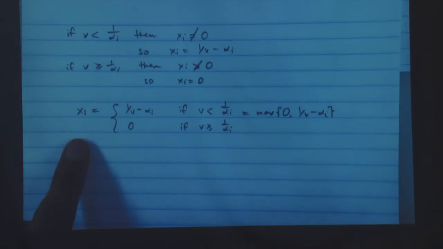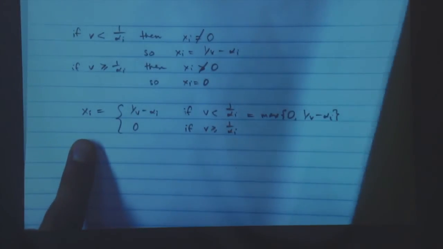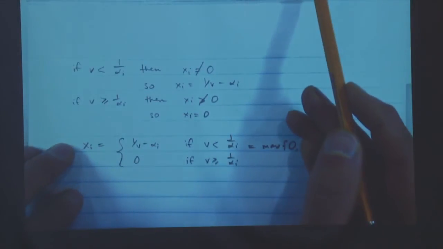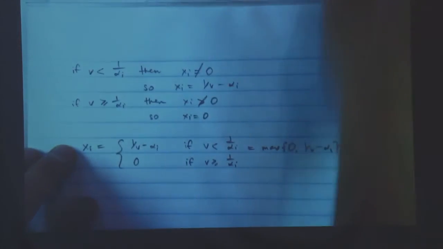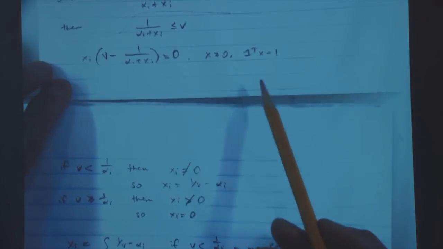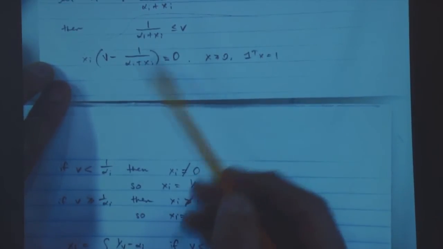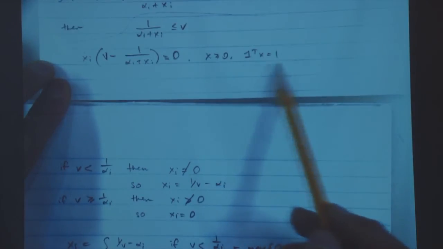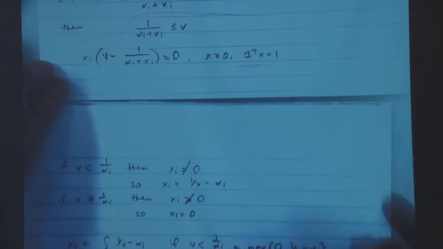Okay, so now the KKT condition is reduced entirely to just this single feasibility check: 1 transpose x has to be equal to 1. Because by our choice of x and v, these two are always satisfied. This one's always satisfied. All that's left to check the KKT conditions is to check that x sums to 1.